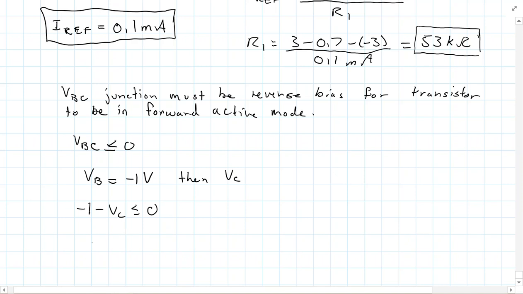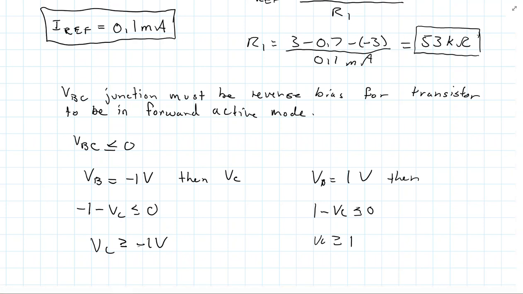In other words, VC would have to be greater than or equal to -1 volts. Okay, but now if VB is 1 volt, then 1 minus VC has to be less than or equal to 0. So VC has to be greater than or equal to 1 volt.